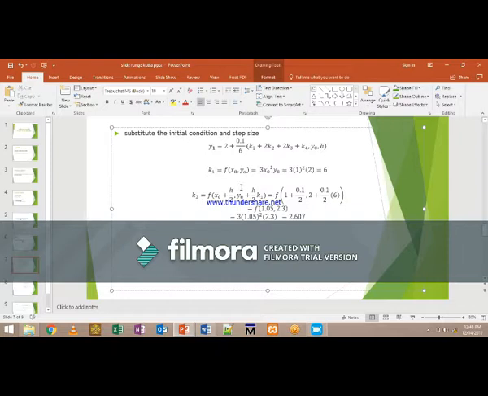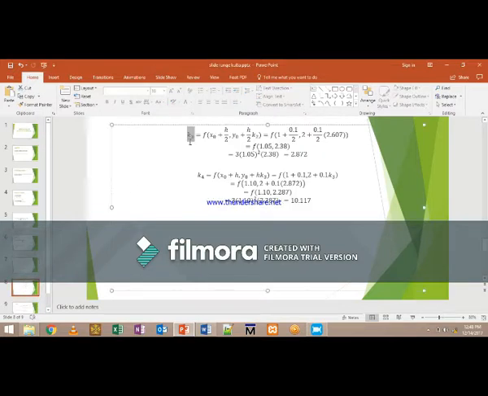For k3, which is the function of x0 plus h over 2 and y0 plus h over 2 multiplied with k2, we substitute the initial conditions and the value of k2 into our function, we get 1 plus 0.1 over 2, 2 plus 0.1 over 2 multiplied with k2, which is 2.607, and we get 1.05 and 2.38.